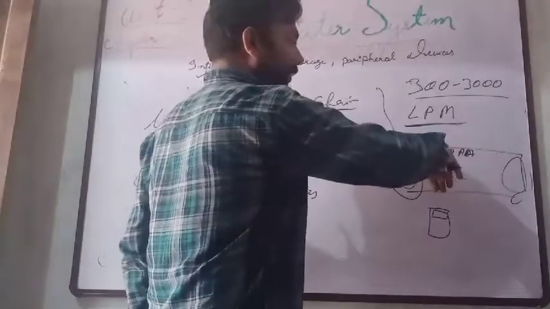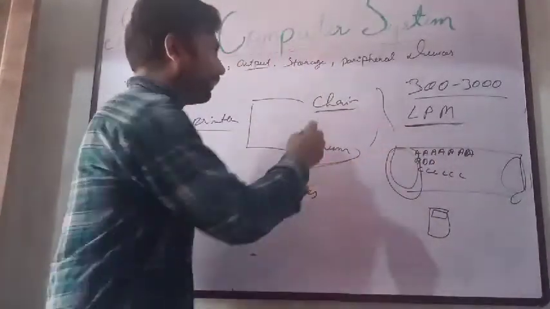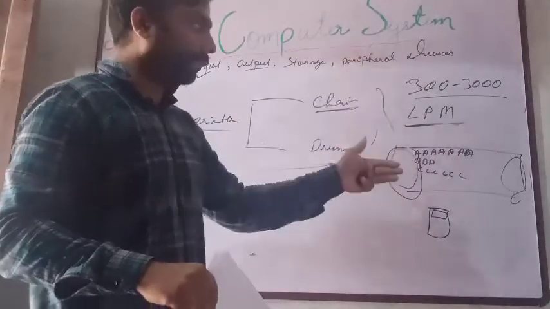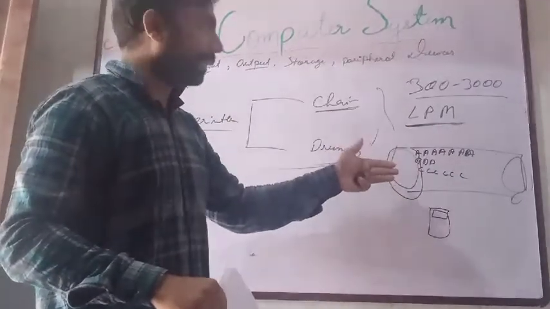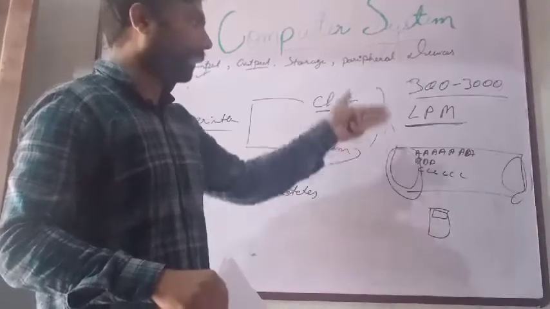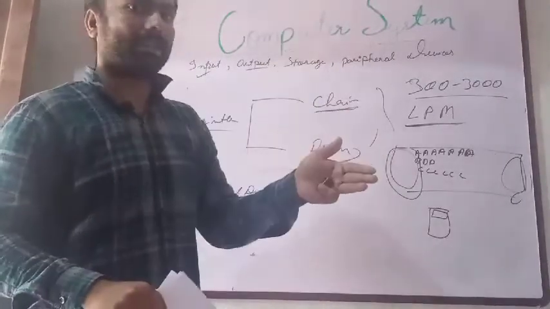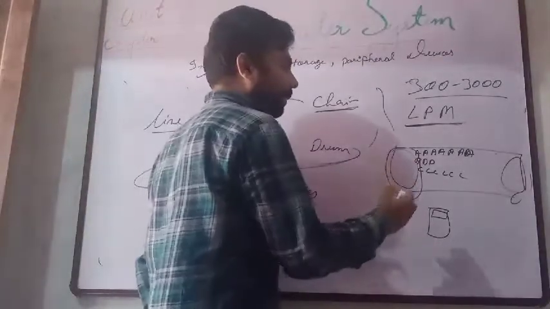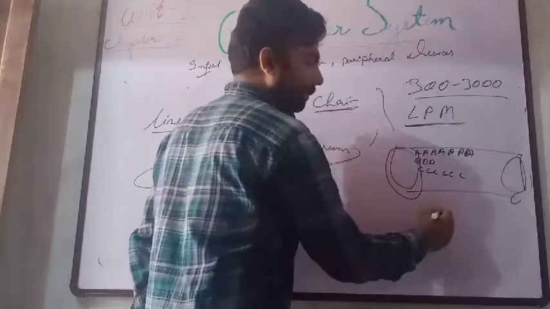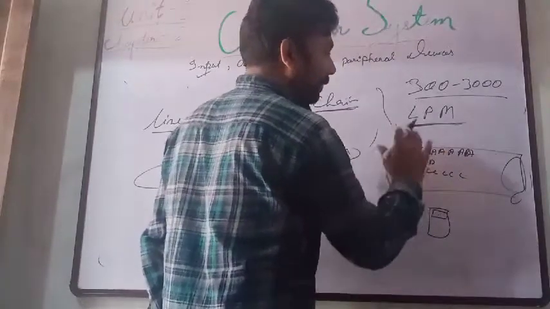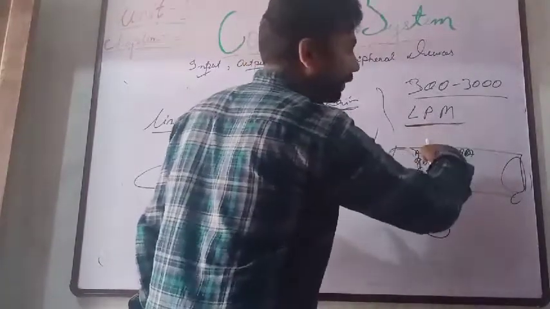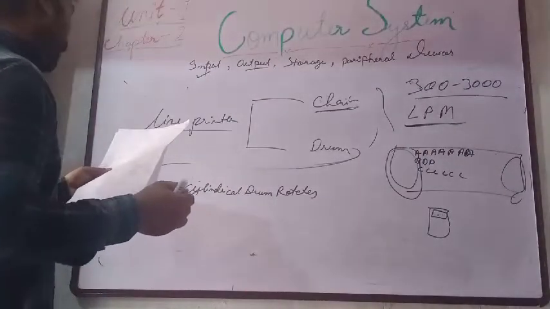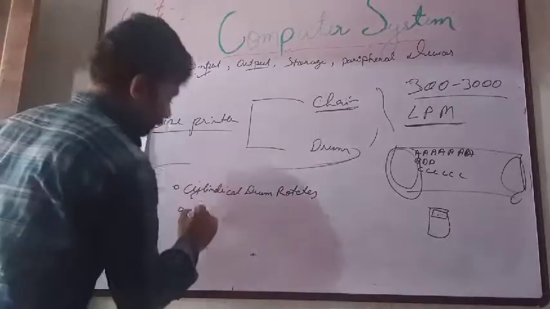The page is in the same position as in the chain printer. In the chain printer, the character was there, then the ink ribbon, like a carbon paper, then the page, and then the hammer-type object which strikes over it. But in this, the hammer is not big, it is individual. One hammer will hit at a time, and a character will be printed which is on the cylinder. Understood? So here they are saying the hammer strikes the character at the position.